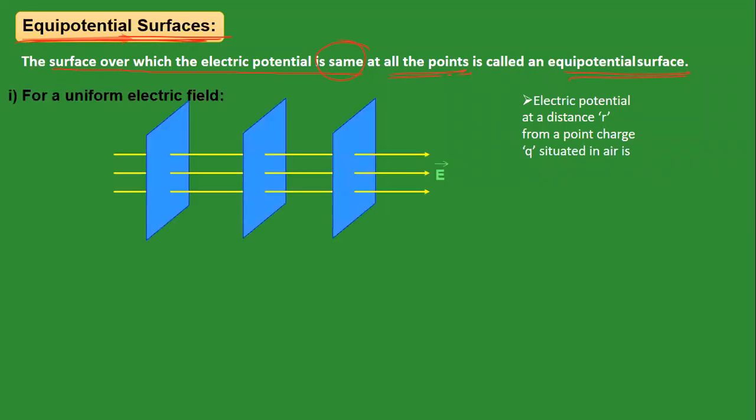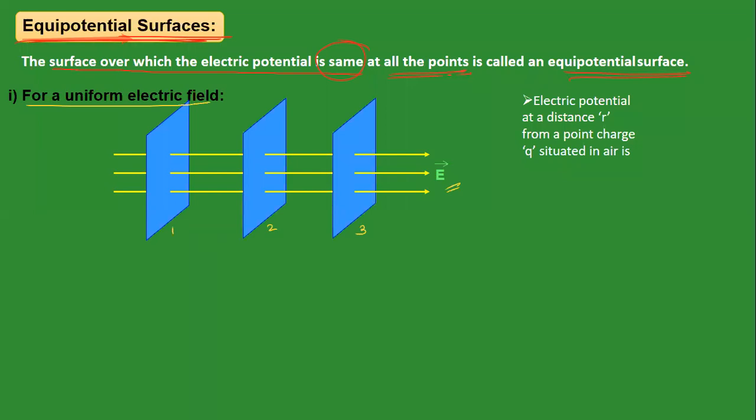Now we consider here a uniform electric field. This is the direction of the electric field, you can see. So this is the first surface, second surface, third surface. These three surfaces are called equipotential surfaces.